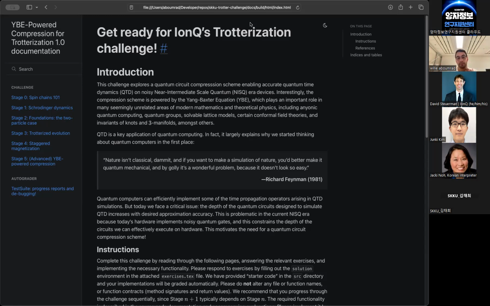And this problem gets to the heart of that matter for the quantum time dynamics simulation problem, right? So your typical trotterization scheme will result in fairly deep circuits. And the whole point of this challenge is to try to reduce the number of operations that are required in order to perform the same quality simulation.